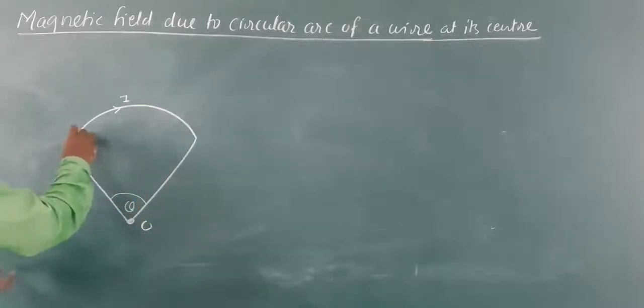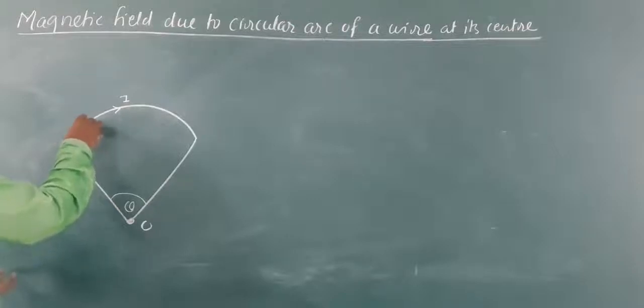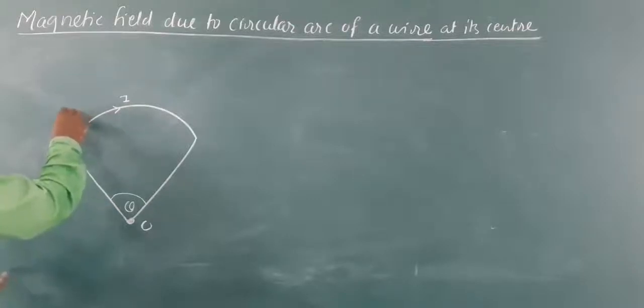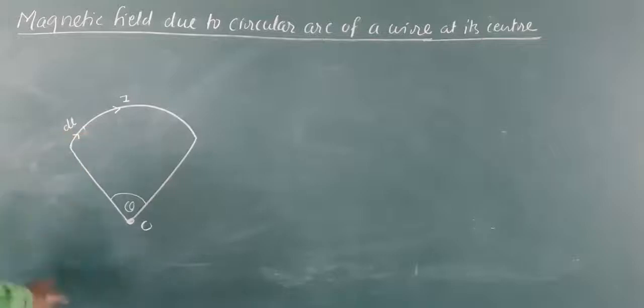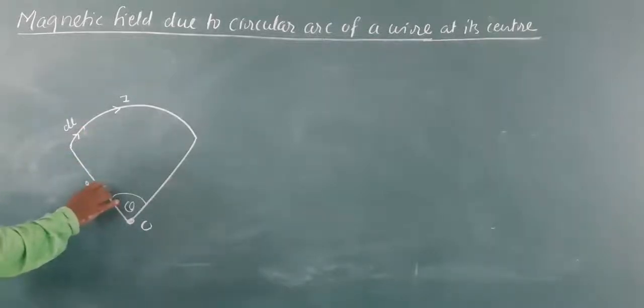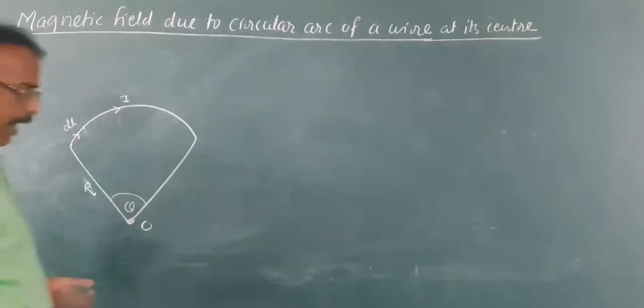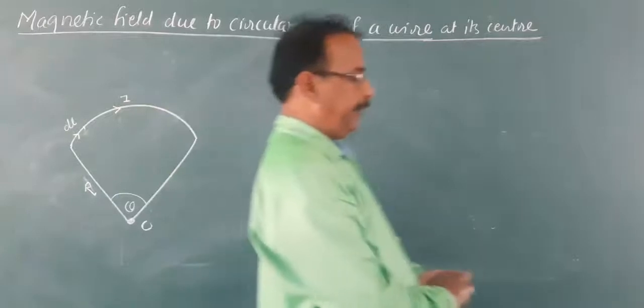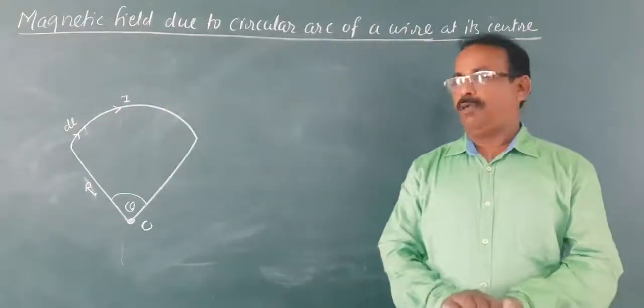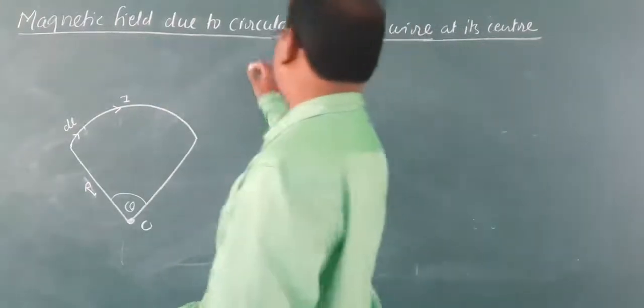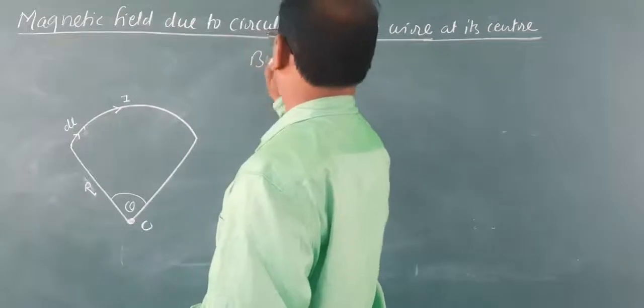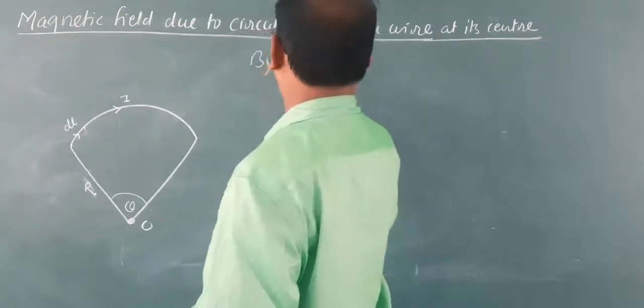First, take small element of the circular arc of length dl, and here the magnetic field produced by the small element at center by Biot-Savart law. You will get here by Biot-Savart law.